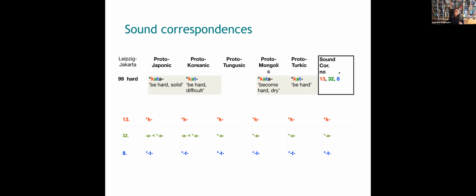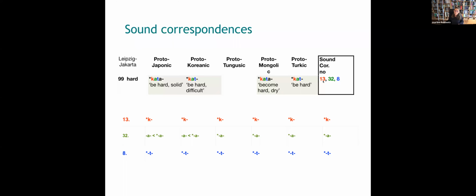In the last column here of the etymology for kata, you see numbers for sound correspondences. So this implies that each of the basic vocabulary items displays regular sound correspondences. That means that the initial consonant, medial vowel, and medial consonant of the words all correspond regularly.